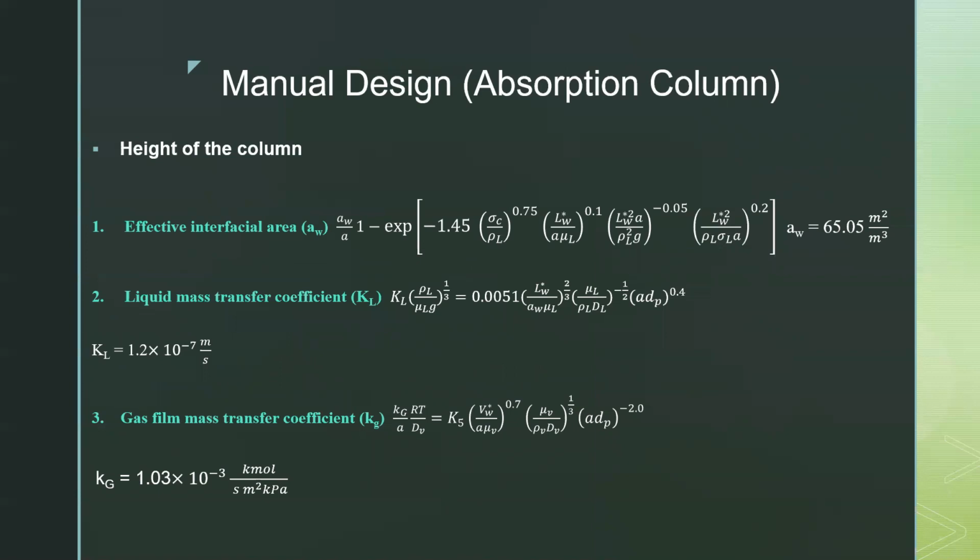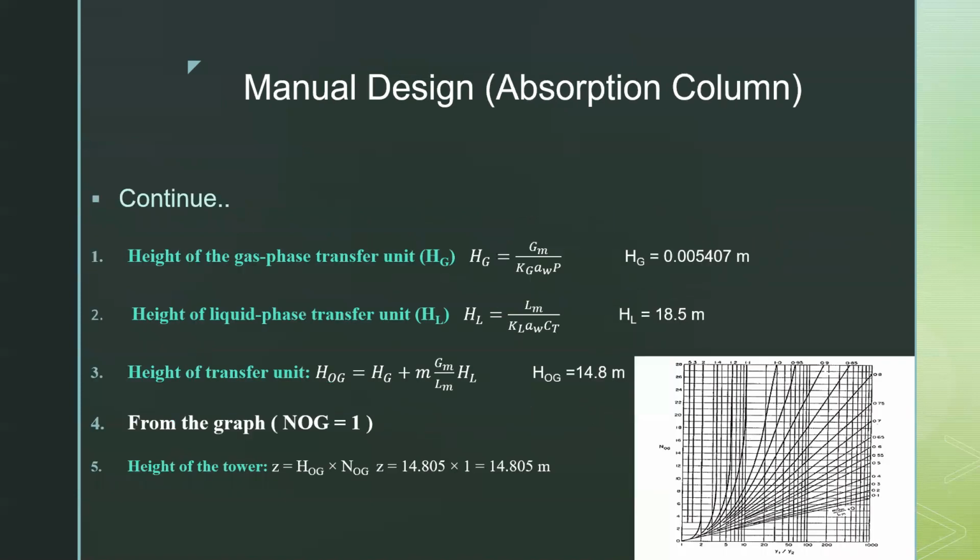The second design calculation is about the height of the column. I will go through it step by step. The first step is to identify the effective interfacial area, and then we found the liquid mass transfer coefficient, and after calculating those two, we can now calculate the gas film mass transfer coefficient.